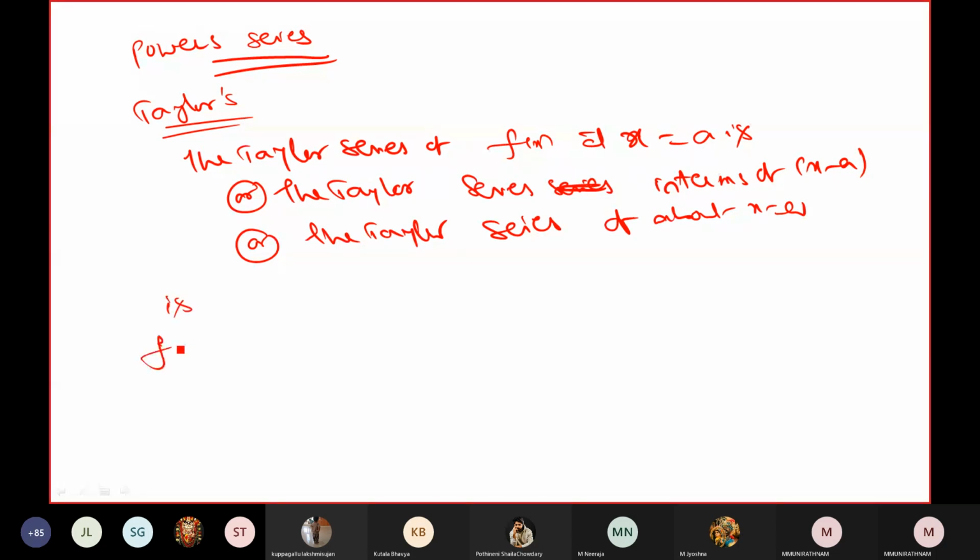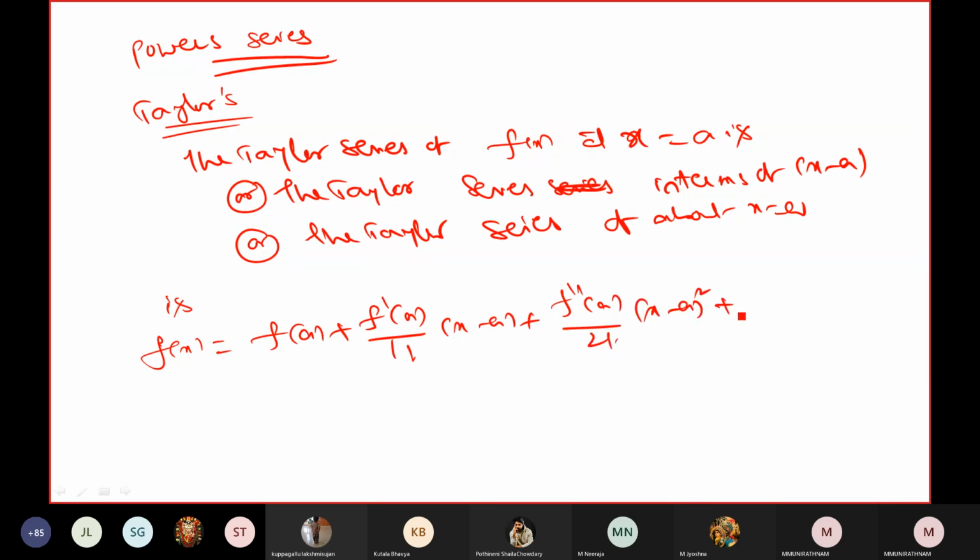So f of x can be written as f of a plus f dash of a by 1 factorial into x minus a, plus f double dash of a by 2 factorial into x minus a whole square, plus f triple dash of a by 3 factorial into x minus a whole power 3, and so on.